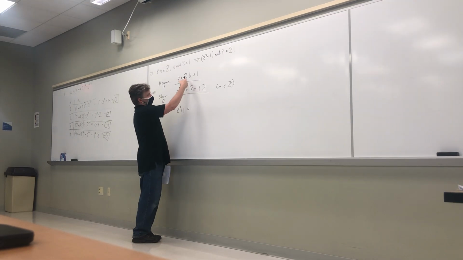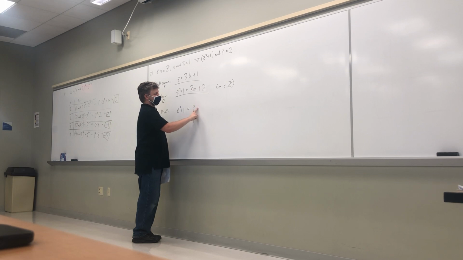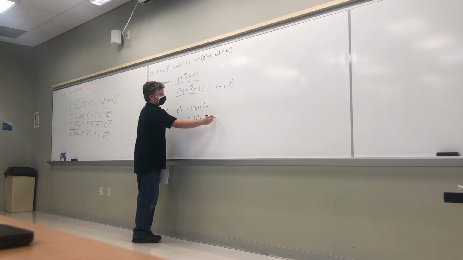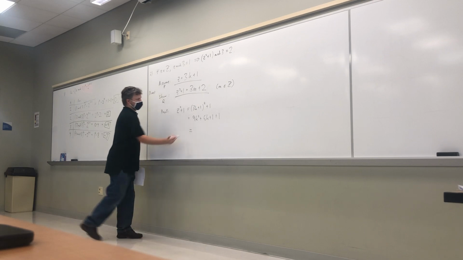So first off, I can substitute in the 3k plus 1. Oops. 3k plus 1 squared plus 1. And that just boils out to 9k squared plus 6k plus 1 plus 1.